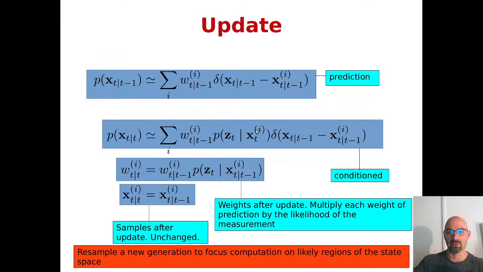In this way, realizing that mechanism of a sample and the conditional distribution. Okay?